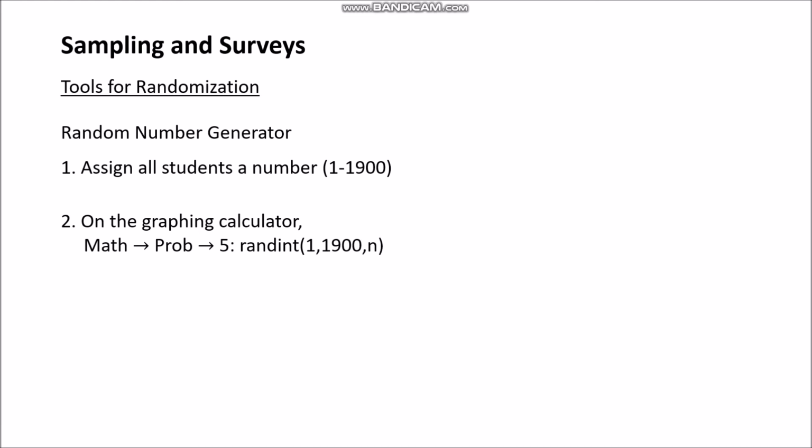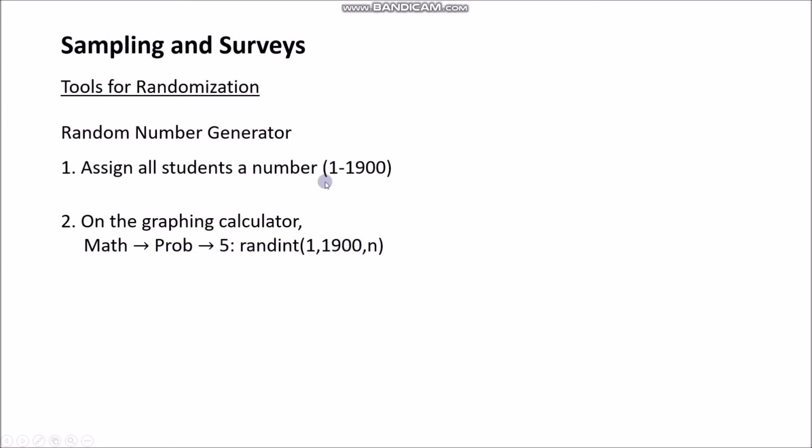Random number generator is a calculator function. So first, again, we're going to assign all the students a number, 1 to 1900. Notice here we don't have to have them be the same number of digits because we're not doing random digits on the table. We're going to use a random number generator. On the graphing calculator, we go to the math menu, probability menu, and then option 5 is random integer.